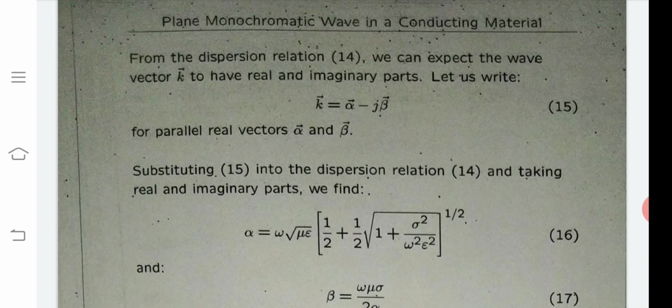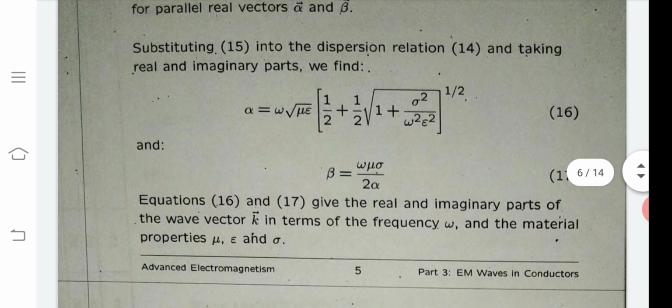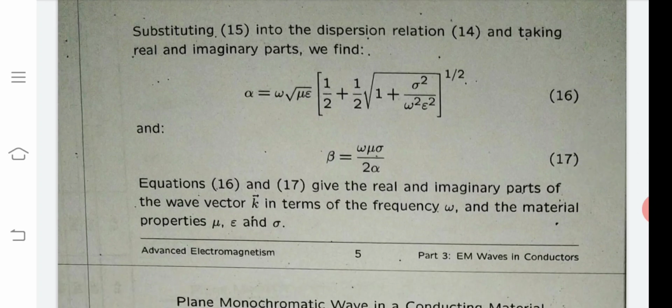Remember that the values of alpha and beta are as follows. Alpha equals omega root mu epsilon into, 1 by 2 plus 1 by 2 into under root 1 plus sigma square upon omega square epsilon square, all to the power half, and beta equals omega mu sigma upon 2 alpha.